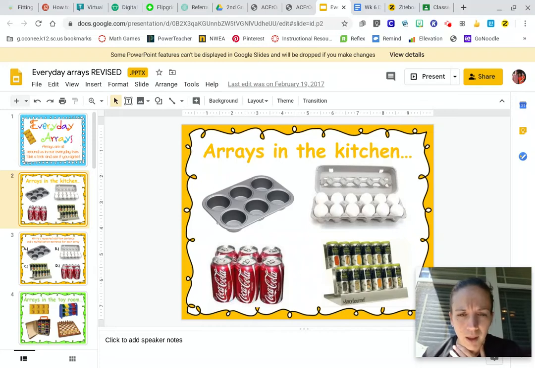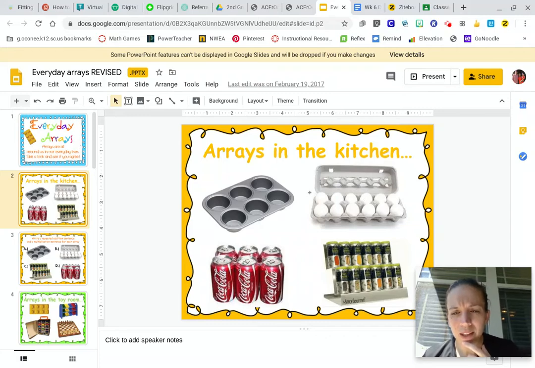A cupcake pan. It's got 3 and 3. So this is just like the one I just drew, and it would be 3 plus 3. You've got 2 rows and you've got 3 columns. So it would be like saying 3 times 2. Then you have the egg carton. You've got 2 rows of eggs, and you've got 6 columns.